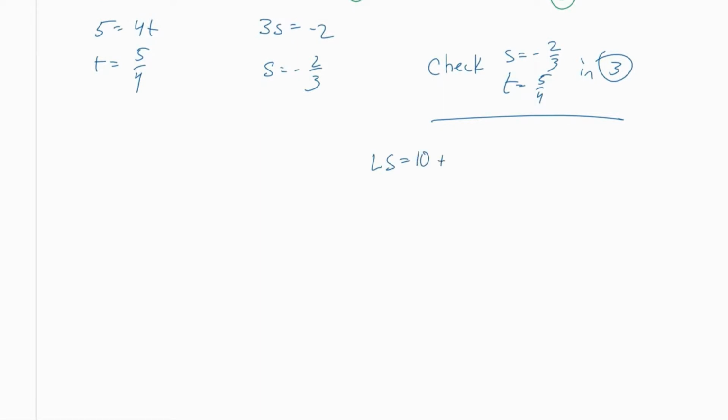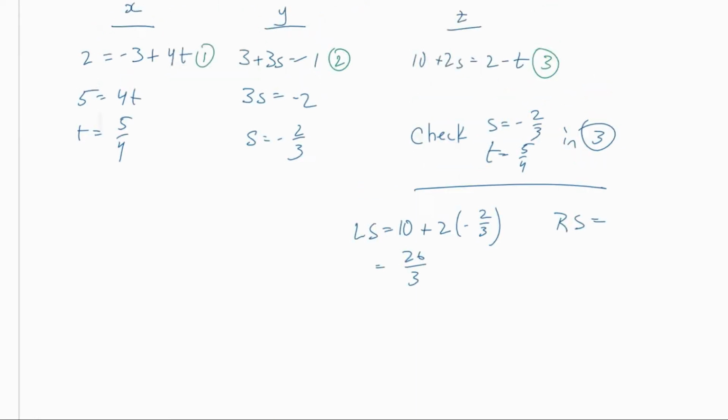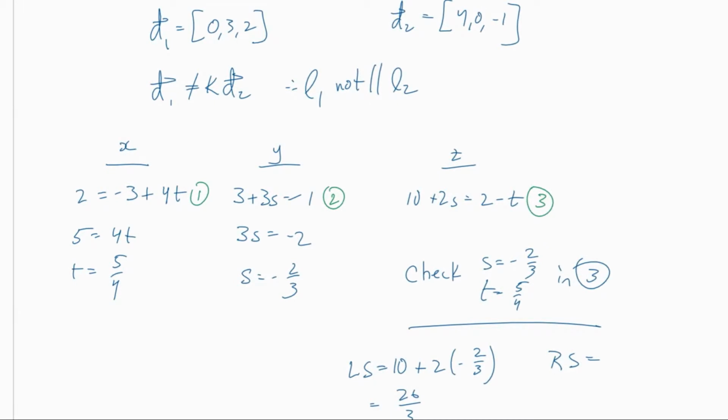This is all the same as what we did before. Whoops, 2 over 3, which is 26 over 3. And the right side is, now I'm going to leave that for a second, okay? And I want to show you something that happens here because this is interesting. This is kind of what happened before, isn't it? So hold on a second.